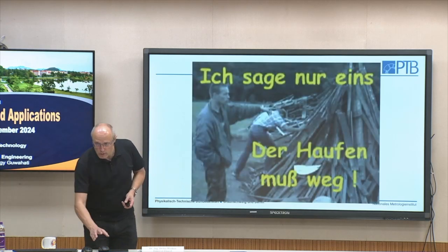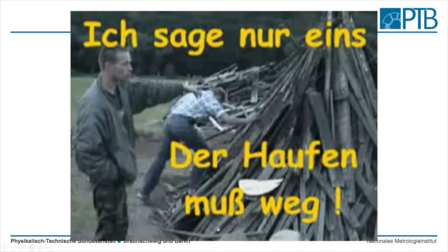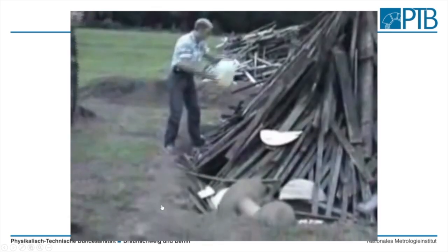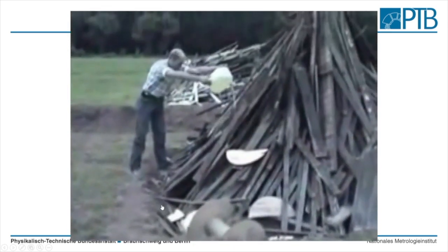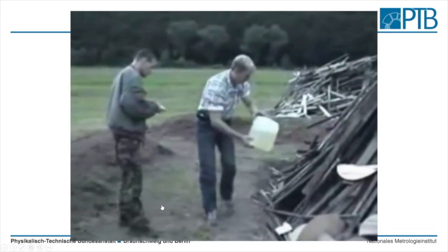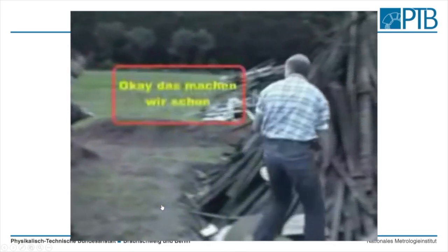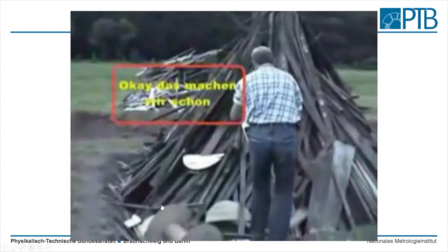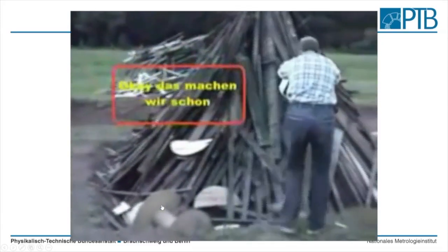To show you an example of how we deal with this in Germany, this is maybe not the correct example, but in summertime we often have an article in the newspaper that someone has his grill and started the fire with gasoline.